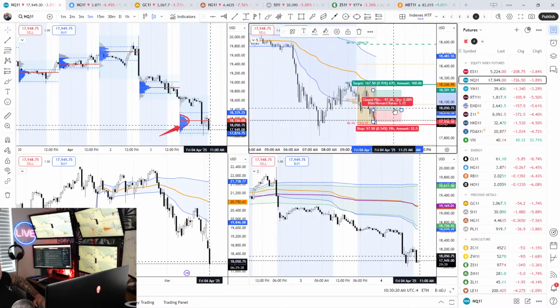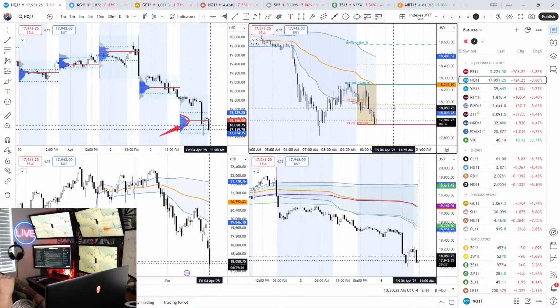There's the initial balance. Everything's just kind of bleeding out, so there's not a whole lot of setups, fortunately.